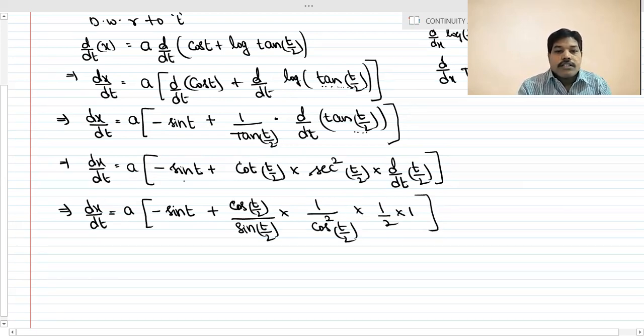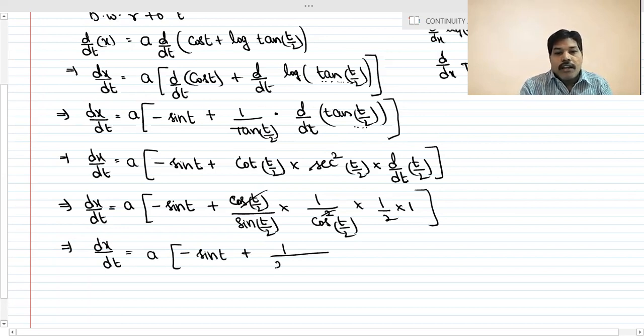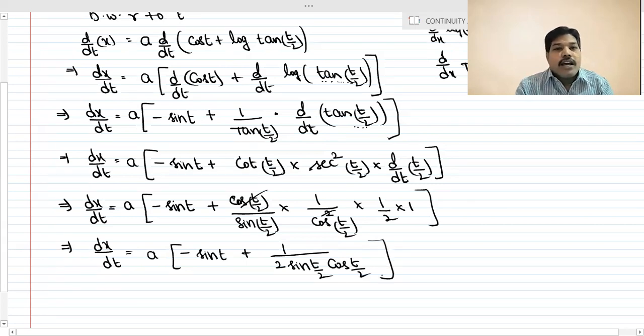This is cos t by 2, and there is a cos square, so the square and the cot t by 2 will cancel. So dx by dt is equal to a into minus sine t plus 1 by 2 into sine t by 2 into cos t by 2.